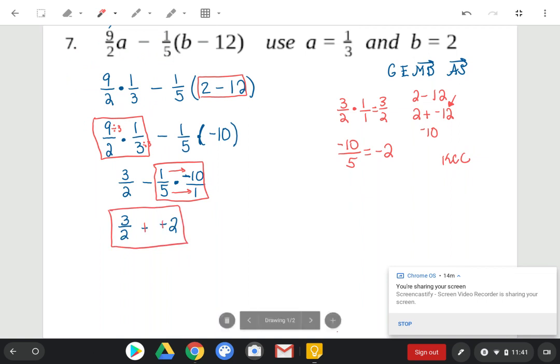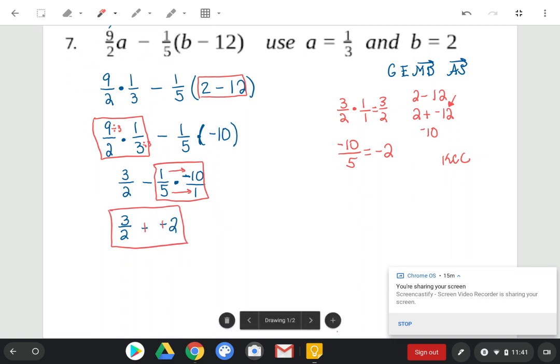Okay, we still have another issue. And the issue is that we are trying to add a fraction to a whole number. So we have options. We can either make that whole number into a fraction, or we can turn that fraction into a decimal.